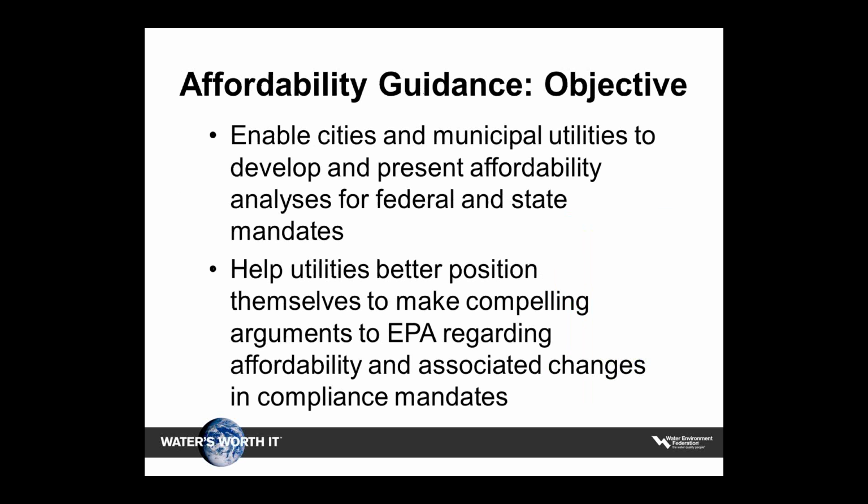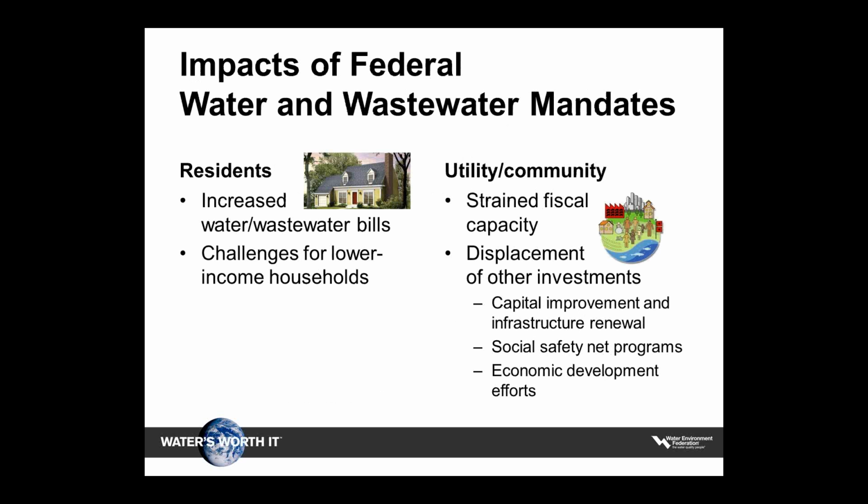The objective is to enable cities and municipal utilities to develop and present affordability analyses for their federal and state water-related mandates, and to help utilities position themselves when talking to EPA or their state primacy agent, to make a compelling argument why some of these actions may not be affordable, and how some changes in the mandates would help with affordability concerns.